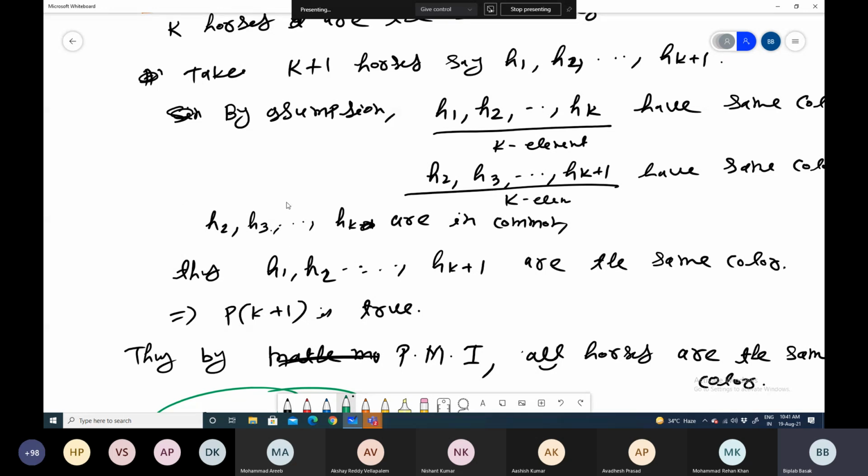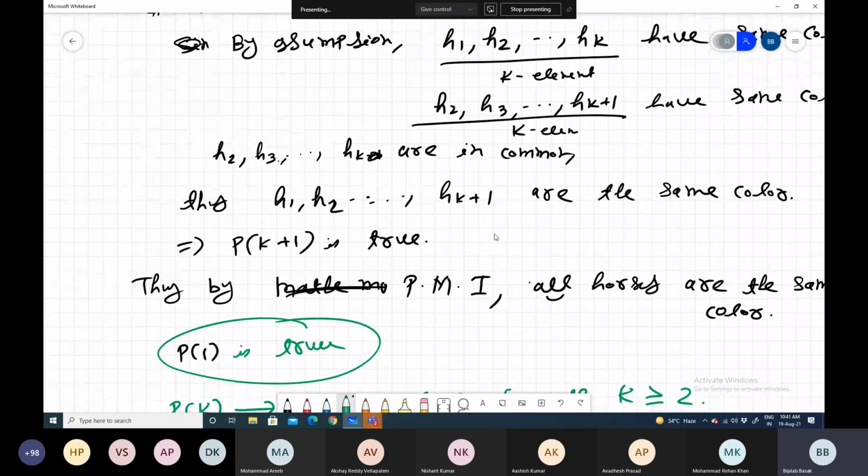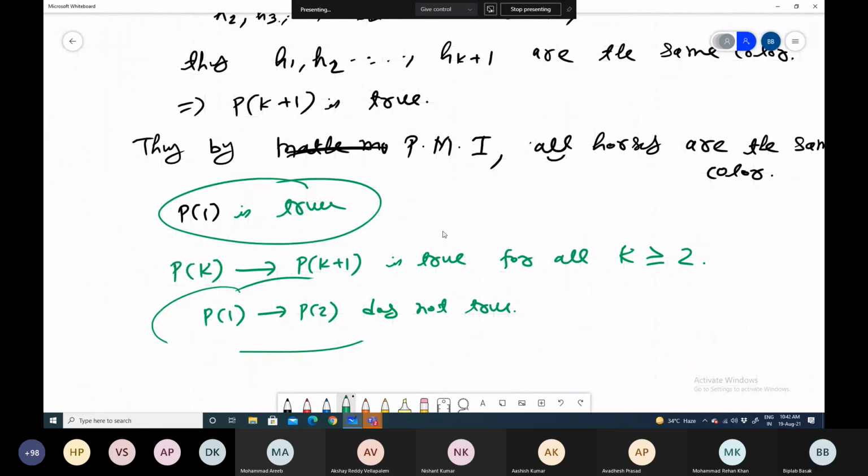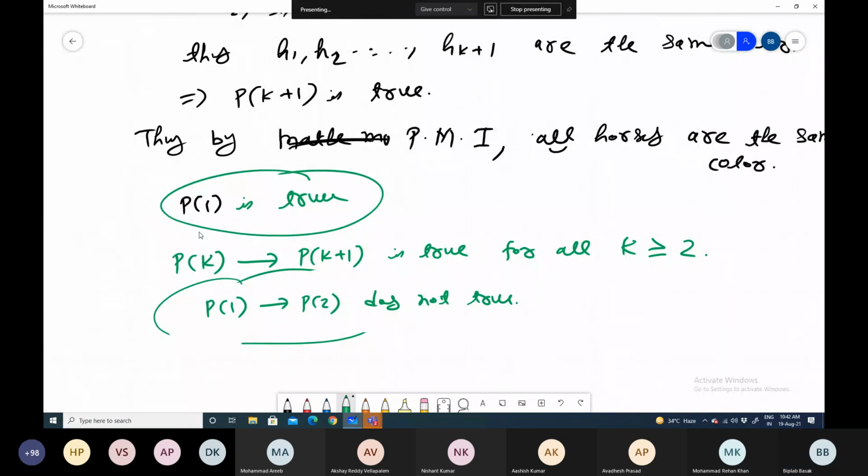Therefore, we cannot say that h1 and h2 have the same color. So this is the problem. Here P1 is true and Pk implies Pk plus 1 is also true for all k greater than or equal to 2. Only this part is not true. So therefore, we cannot actually use mathematical induction. So that is the wrong statement.